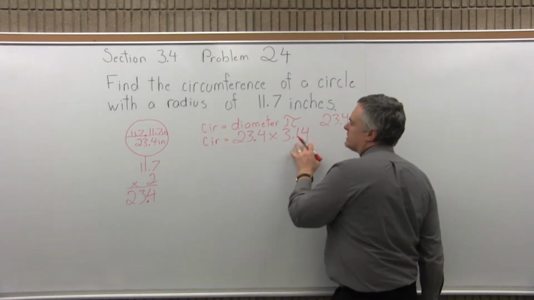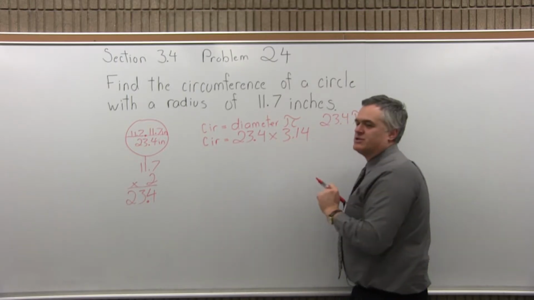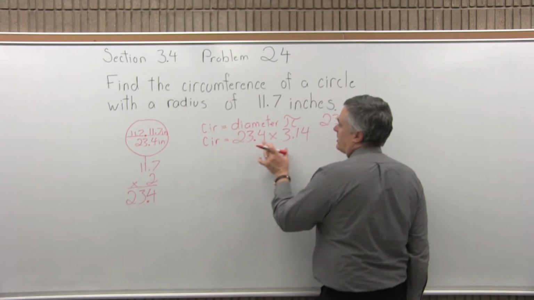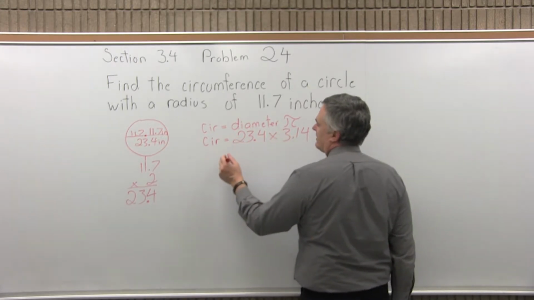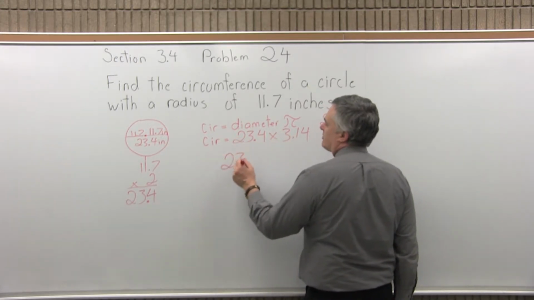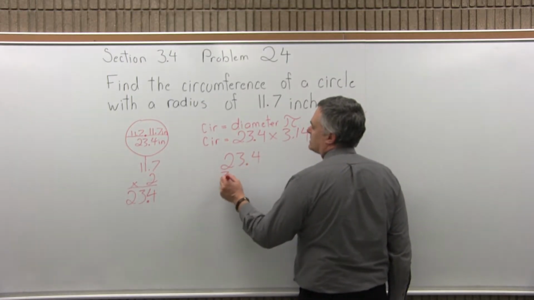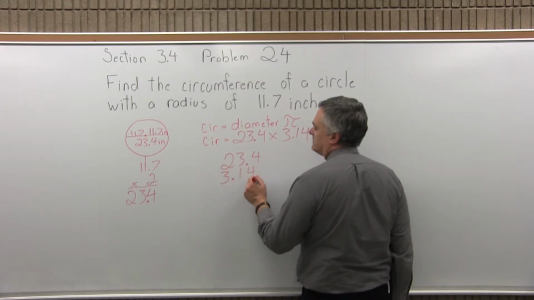But for most people, 2 places after the decimal for pi is good accuracy. So I have to multiply 23.4 times 3.14. So I find it easy to do a problem like this in a vertical format, 23.4 times 3.14.